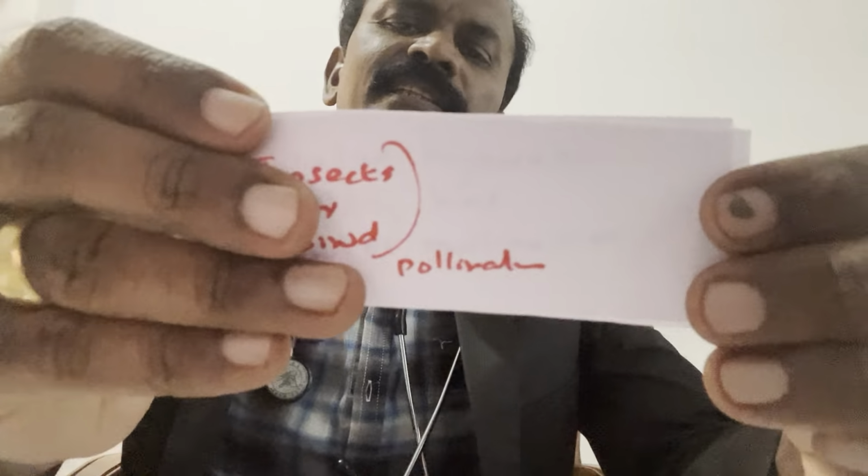N-glycosidic linkage connects dash and dash. This MCQ was asked 3 years before. Page number 96. It connects the nitrogenous base to the OH of the 1-C of the pentose sugar.